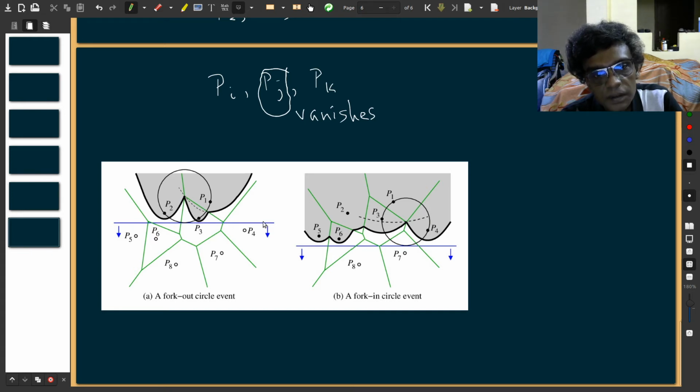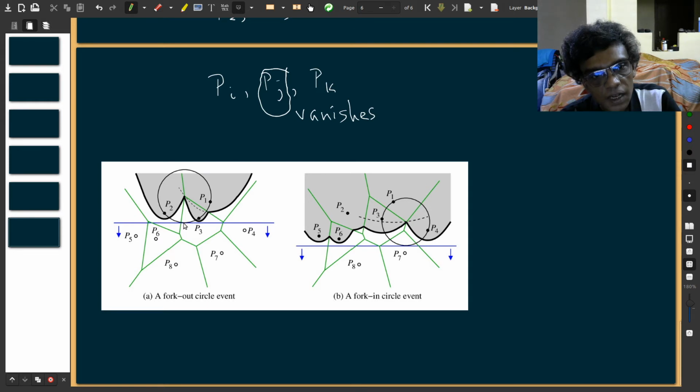And since the distance of the sweep line is also equal to this, it is the bottommost point of the circle. Okay. So, whenever we have three consecutive parabolic arcs corresponding to sites P2, P1 and P3, I consider a circle passing through these three sites, and consider the bottommost point of the circle. This is where this event occurs.